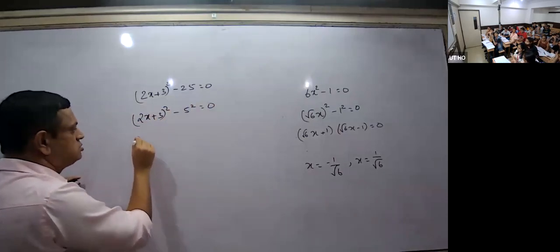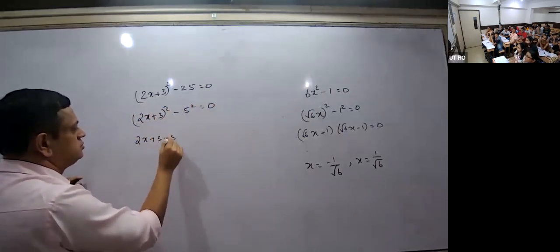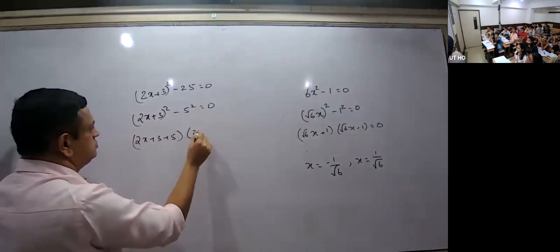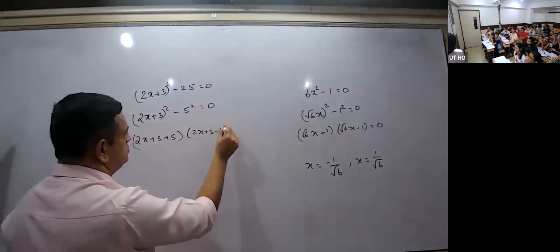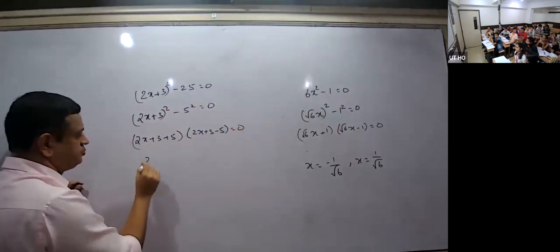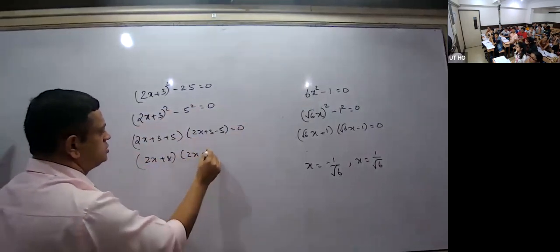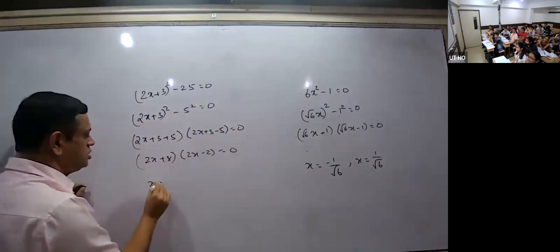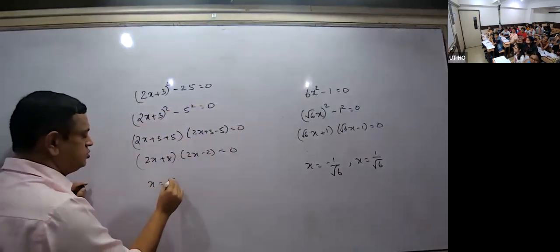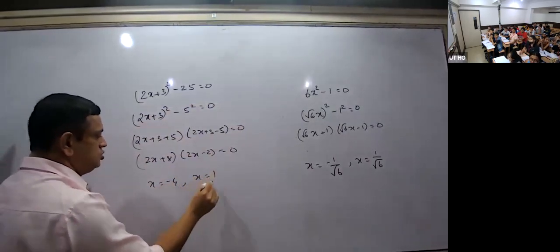Therefore, it is coming as 2x plus 3 plus 5 times 2x plus 3 minus 5. So 2x plus 8 and 2x minus 2 equal to 0. From here it will come as x equals minus 8 by 2, which is minus 4, and x is equal to 1.